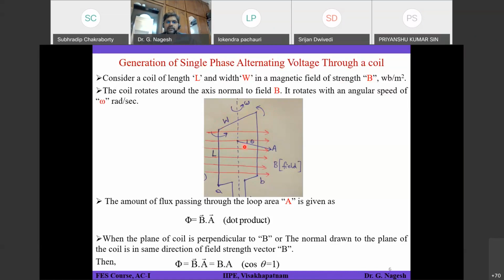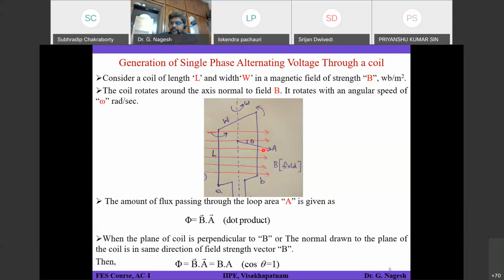Then only, when the coil keeps on rotating, at different instants the coil cuts this flux at different values. So to generate a changing flux linking with the coil, I need to apply some rotational force on the coil. Let's say I started rotating in the anti-clockwise direction with a speed of omega radians per second.